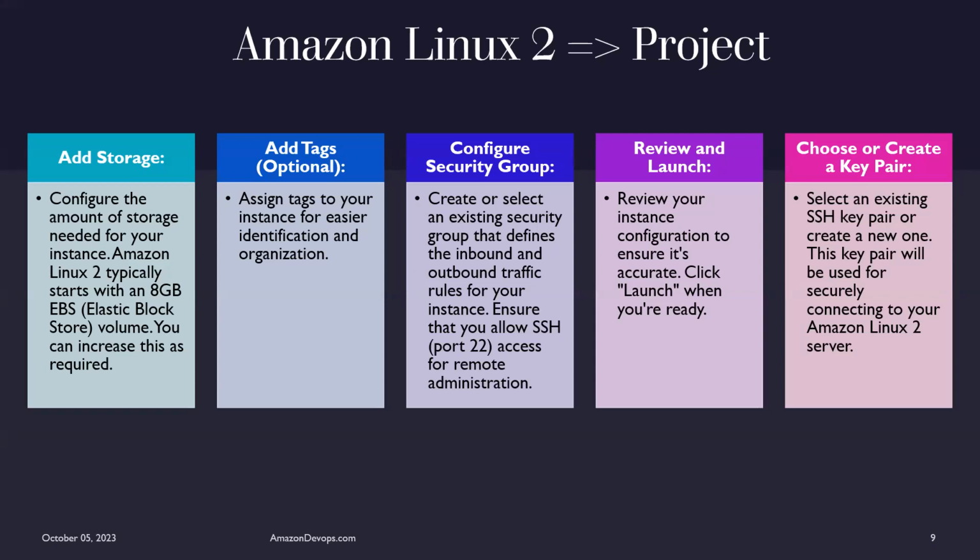Without port 22 being open, we cannot access this server remotely. Then we are going to review everything and launch. And finally, we are going to choose and create a key pair. A key pair is what is going to help us to securely access this remote server. Without having the key pair, we'll not be able to access the server.